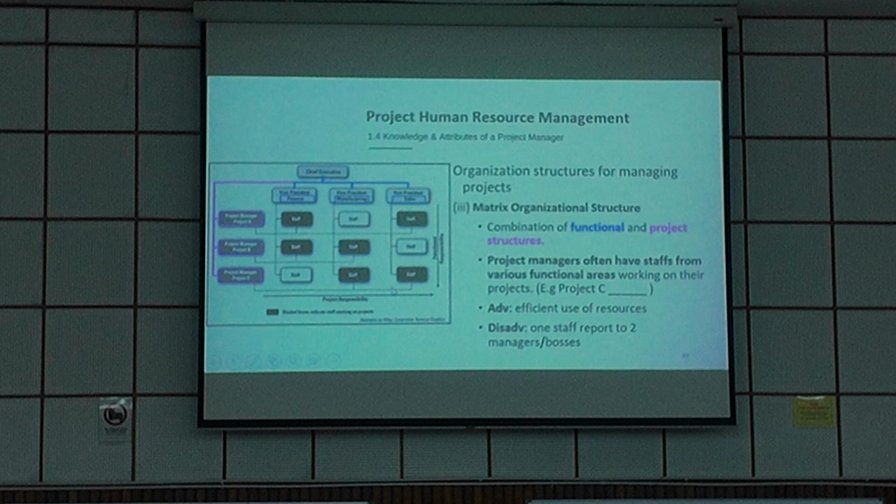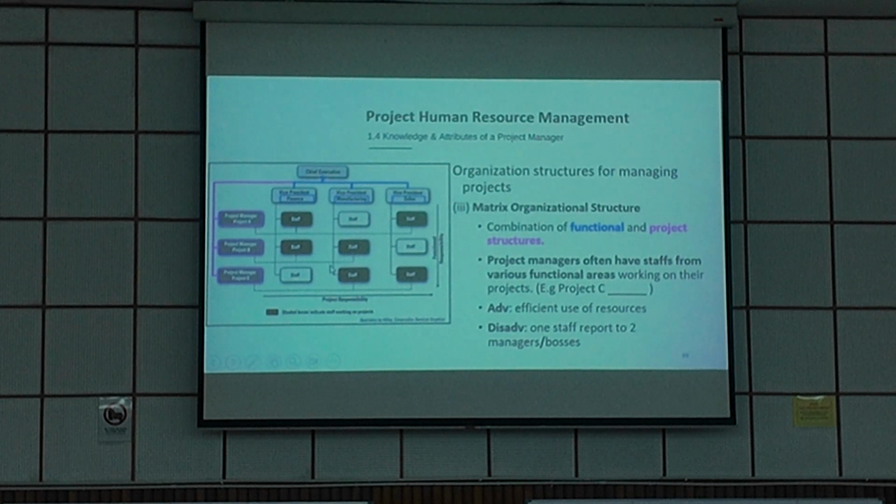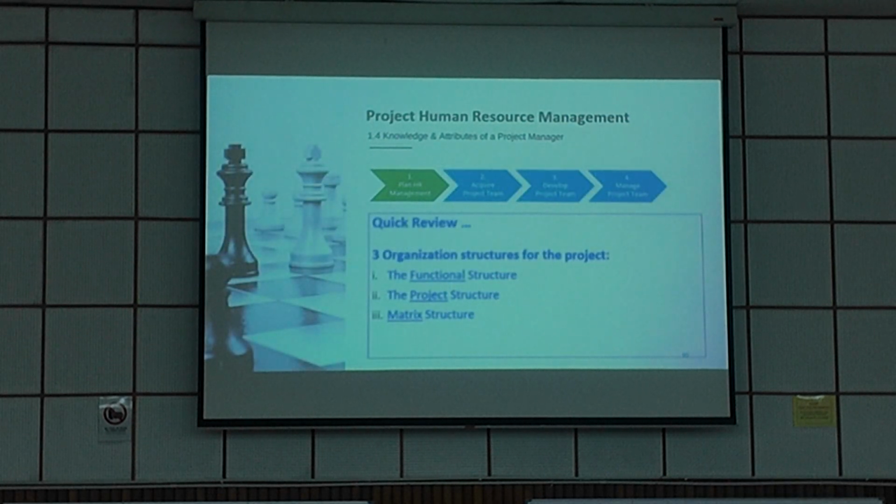For example, this staff needs to report to the vice president of sales. This staff also needs to report to the project manager who is managing project C. So one staff needs to report to two managers. It's a sad thing. So that's three organization structures: functional, project, matrix.